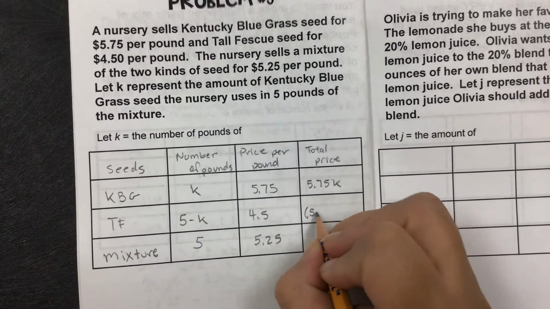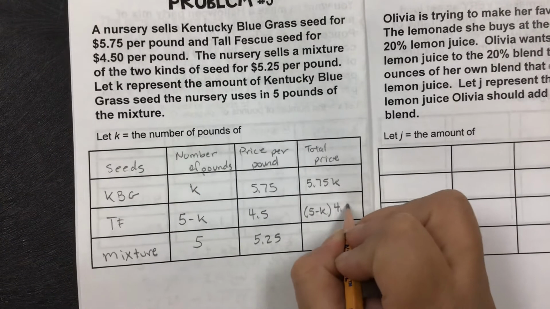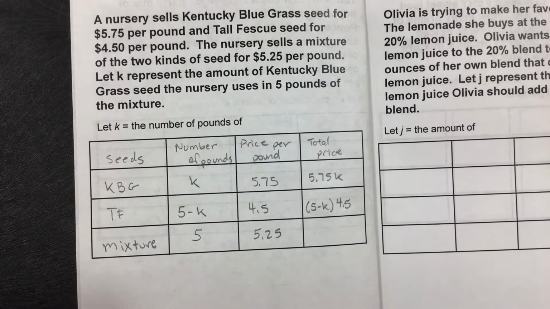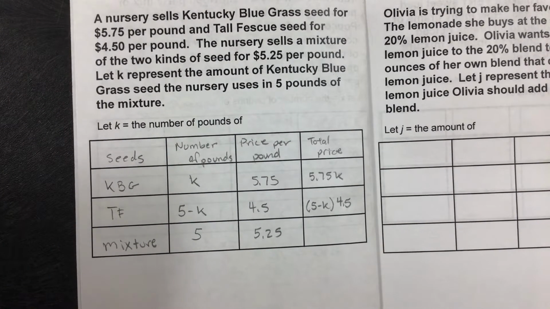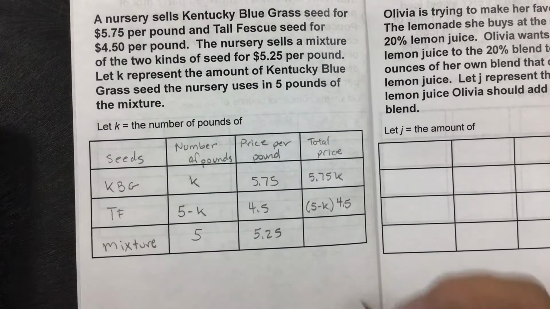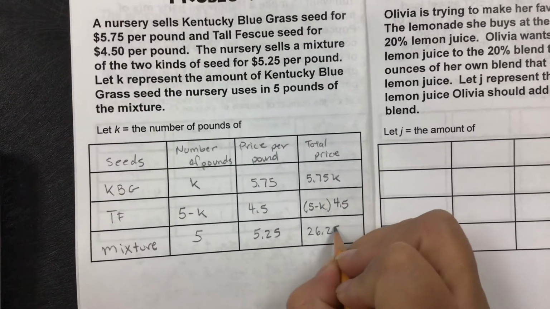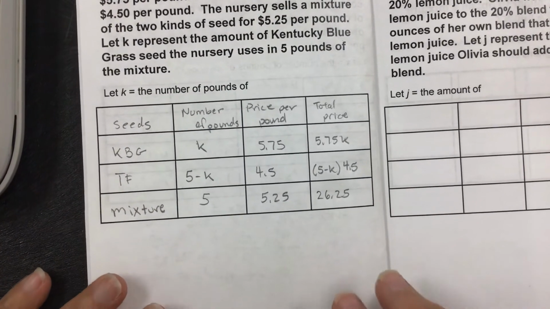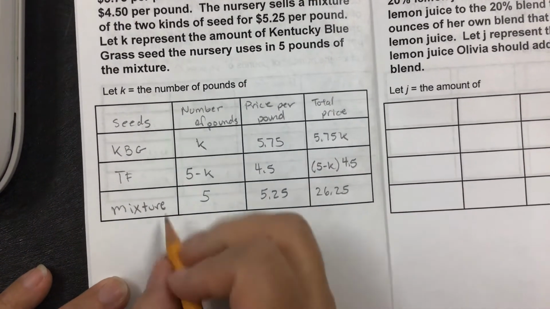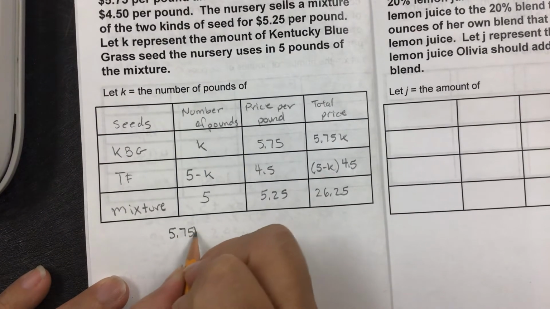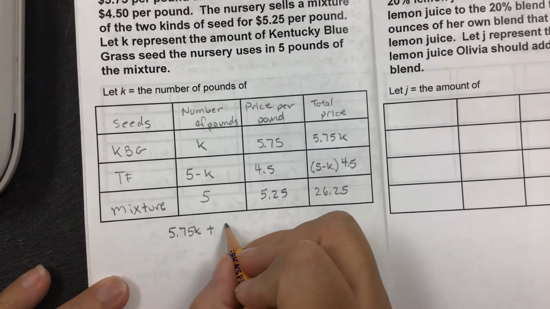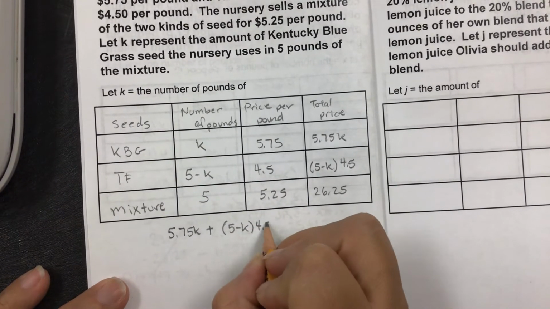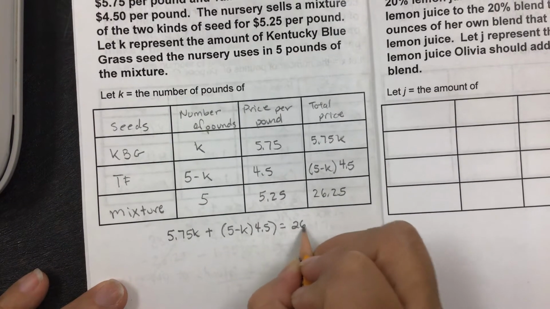I'm going to write it as 5 minus K times 4.5, and then 5 times 5.25 is equal to 26.25. So remember, we still have the same formula, that 5.75K plus the 5 minus K times 4.5 is equal to the 26.25.